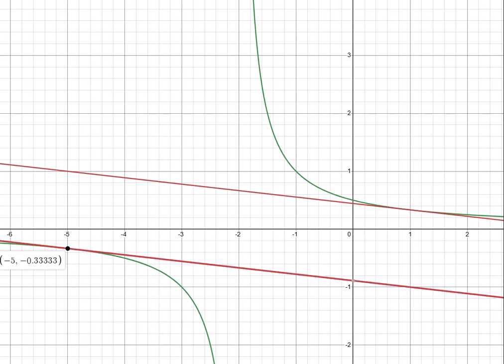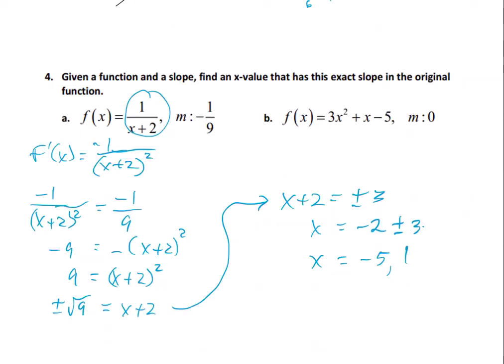And then over here at 1, we can see where the second tangent line hits the curve. So just thought I'd give you a look at what Desmos has to say about it if you put the equations in. So let's get a little room for part B, and I think we're done.